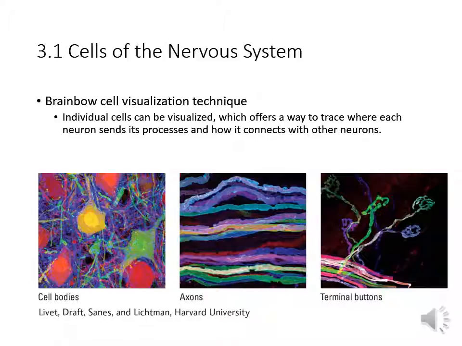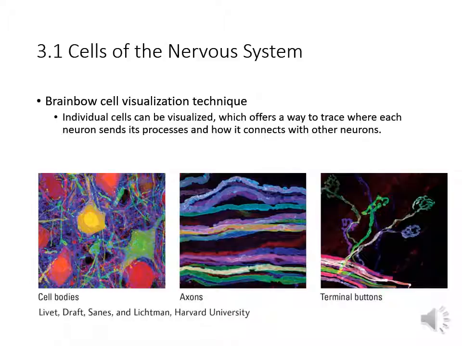And then more recently, I think some scientists have come up with this rainbow cell visualization technique, which can stain or color individual neurons that have different functions as different colors.